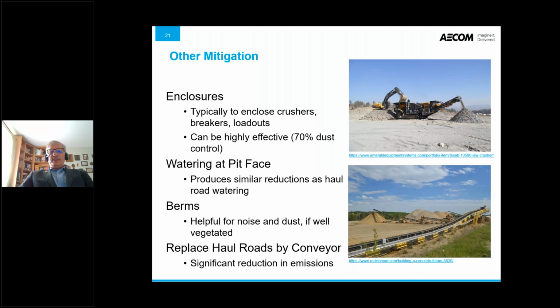So some people still install fences, but it's rather a public relations stunt than real science, because people think, oh, they are doing something. But the real efficiency of fences is not as great as you might think.